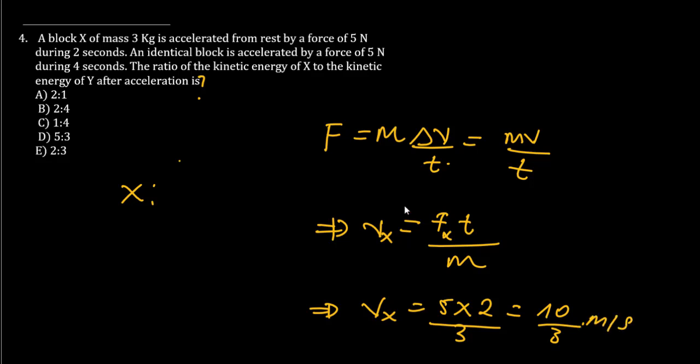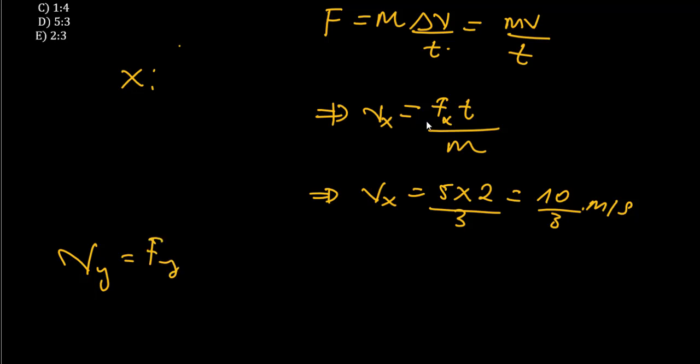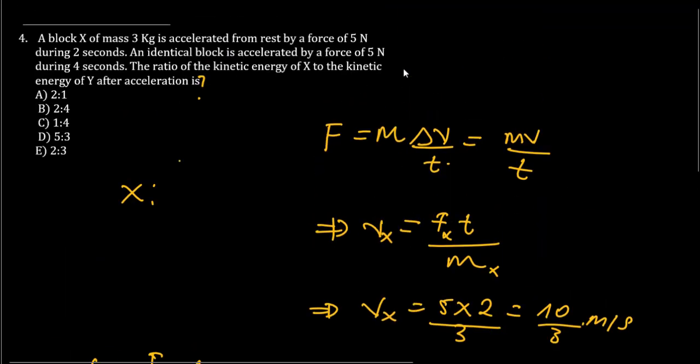Now we are going to do the same for y. The speed of y will simply be given by the force Fy times t divided by the mass of y. So we collect the data.